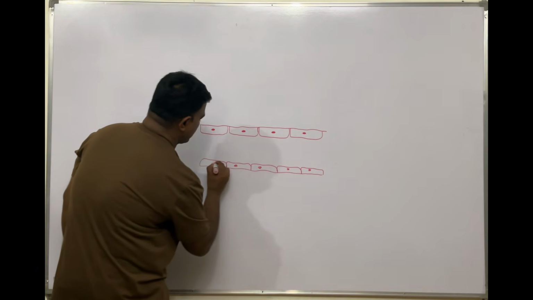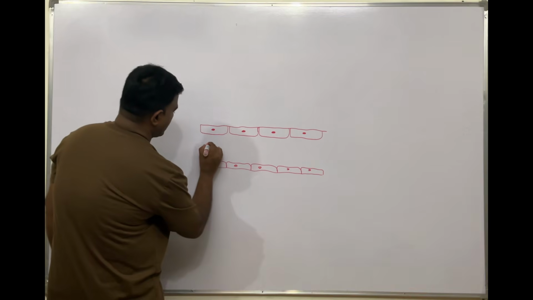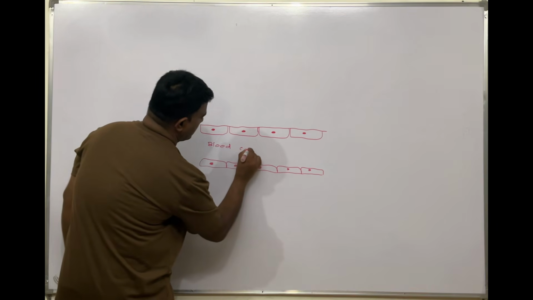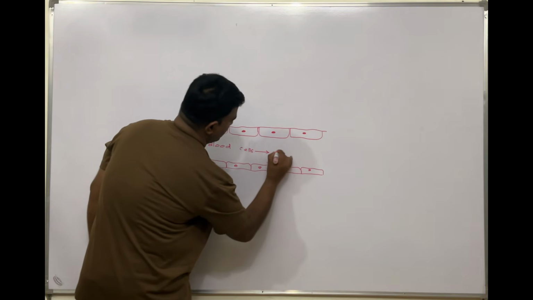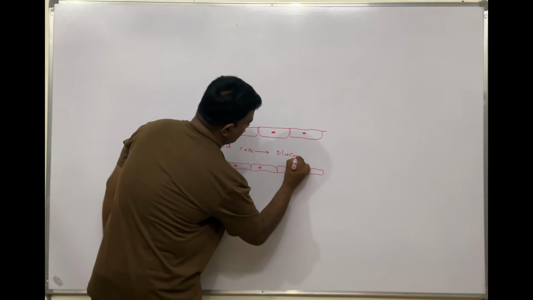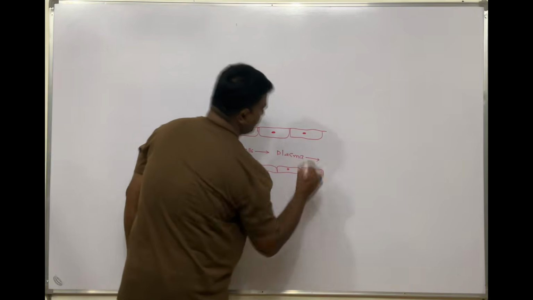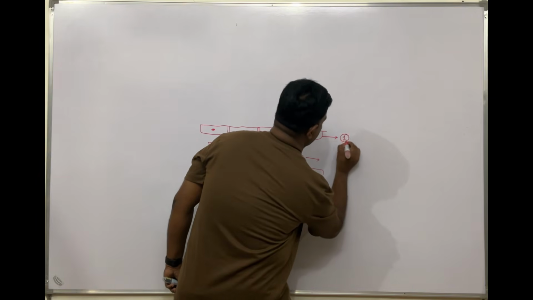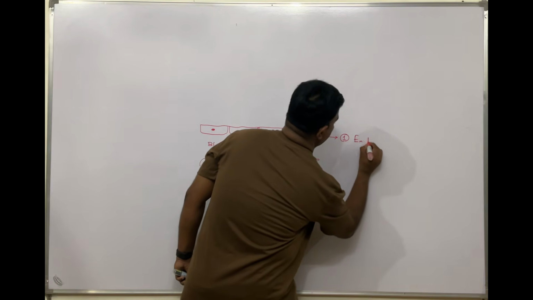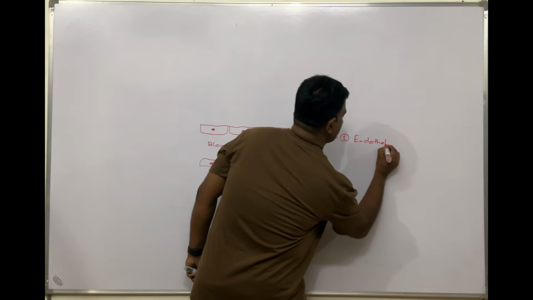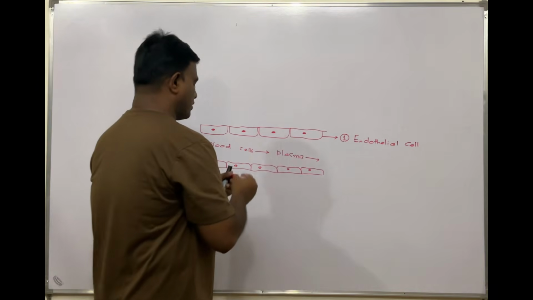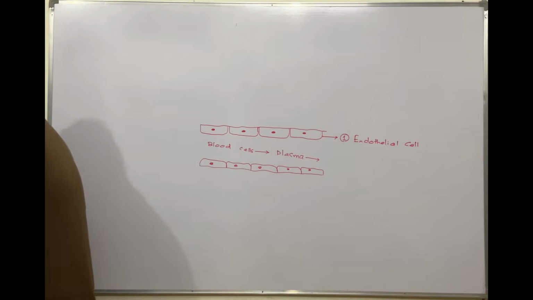So these are the endothelial cells. Here the blood cells are flowing along with the plasma. This is number 1, endothelial cells. Very, very important, and they are the major contributor to this.